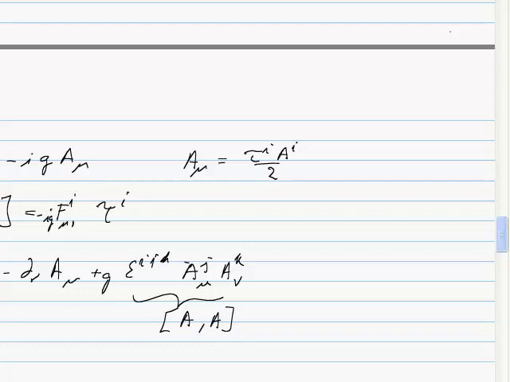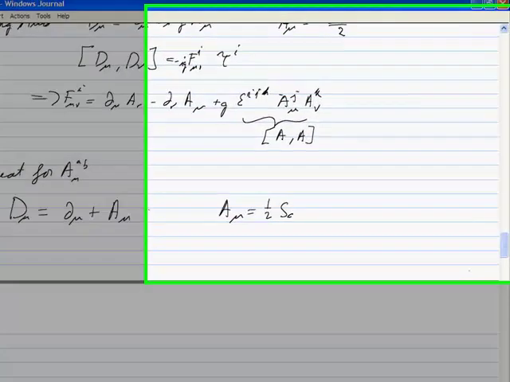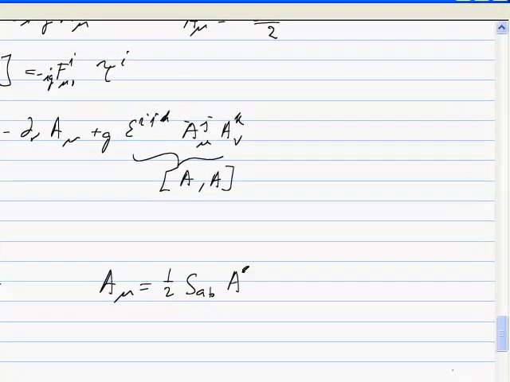So now let's repeat it for now. Just repeat the same construction. Okay. I've got D_mu, which is d_mu plus A_mu, with A_mu equals 1/2 S_AB A_mu^AB.